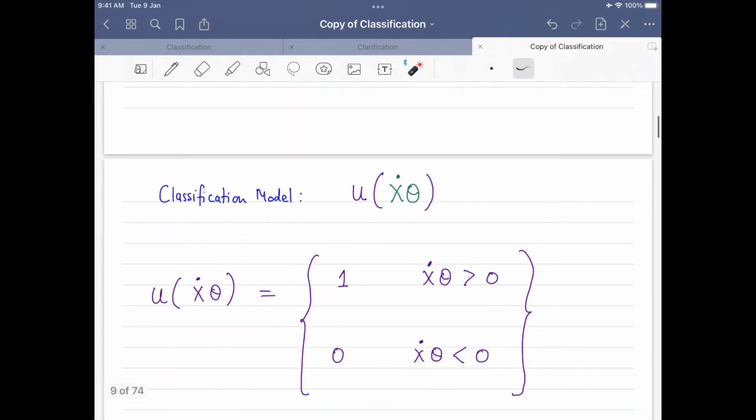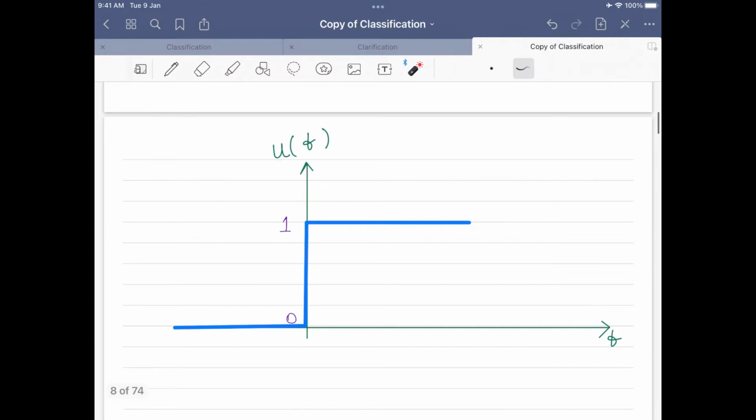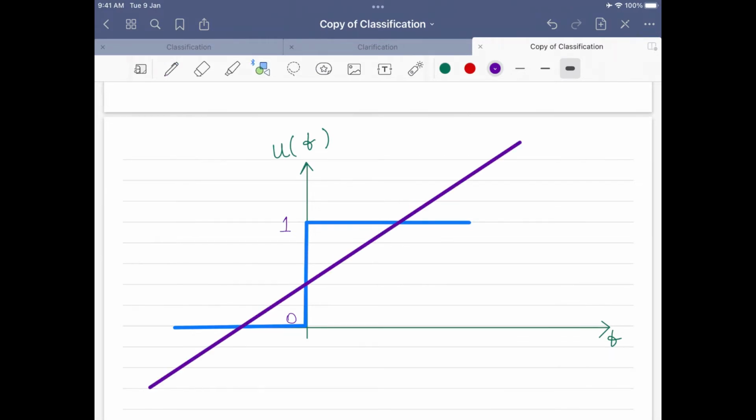If you multiply this blue curve, which is the unit step, with the regression line like this, what will you get?